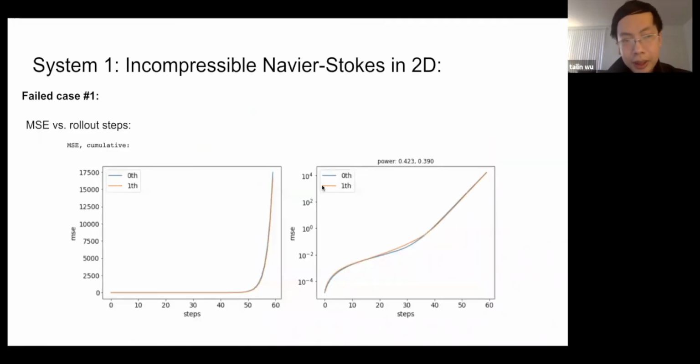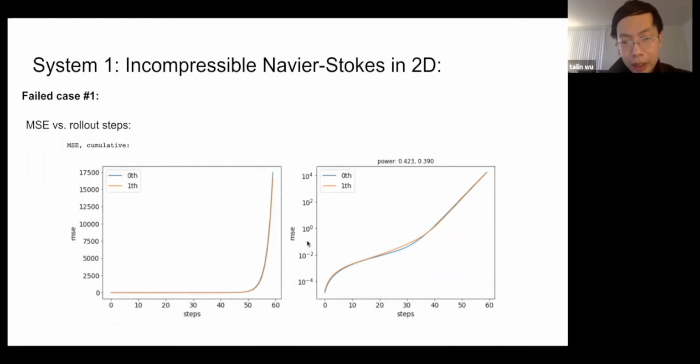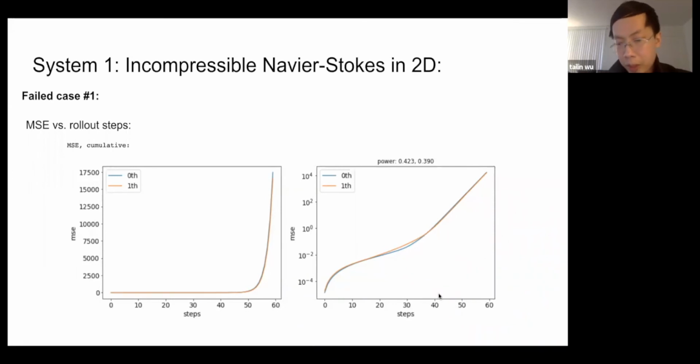And here is the MSE versus the rollout time steps. The left-hand side is on the linear scale of MSE, and the right-hand side is on the log scale. As we can see, the growth of the error is exponential with the rollout time steps for this specific model.